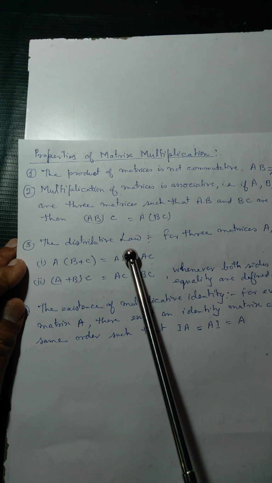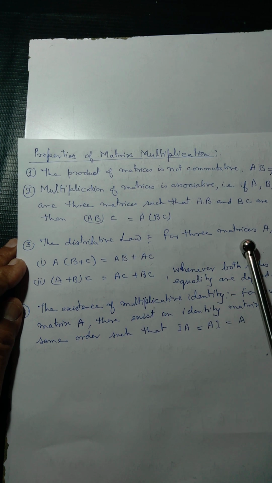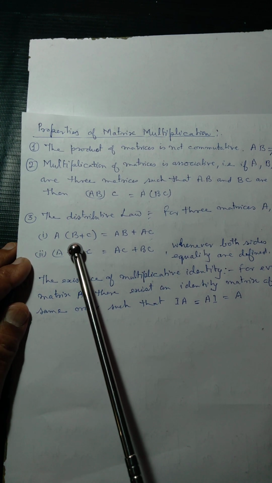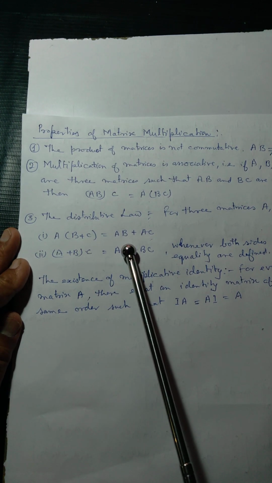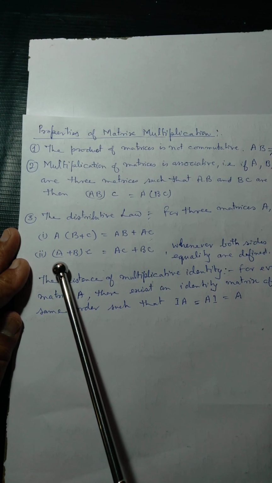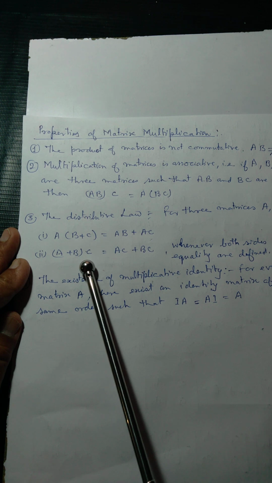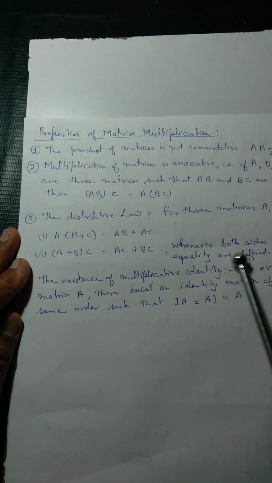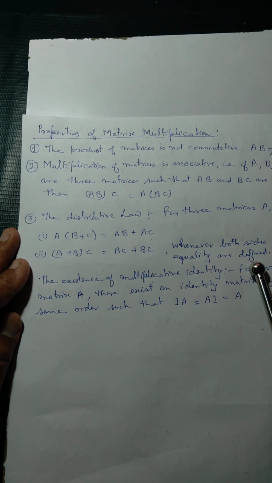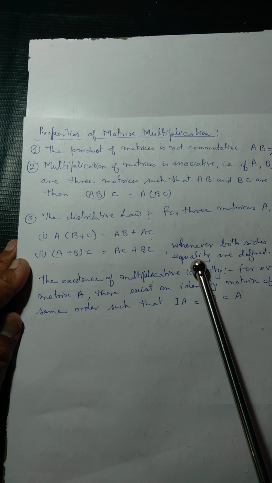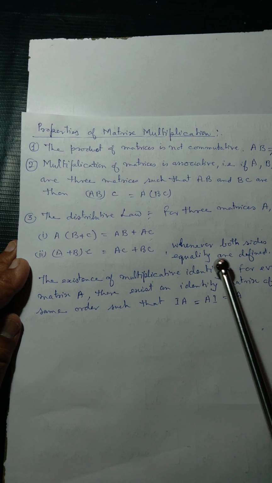The distributive law for three matrices A, B and C: A into (B plus C) equals AB plus AC. Second case is that (A plus B) into C equals AC plus BC. This holds whenever both sides of the equality are defined, means the basic rule for multiplication should be satisfied.